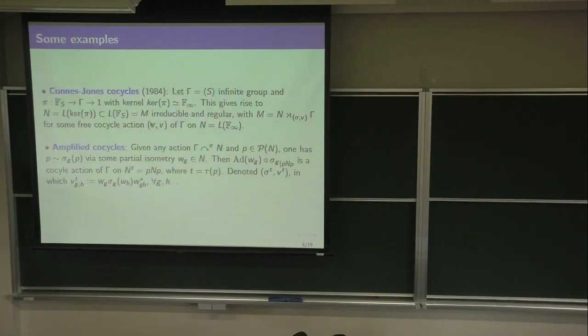I just gave immediately two examples of cocycles and cocycle actions more precisely. This is the so-called Connes-Jones cocycle and these amplified cocycles, just to show you that they come up naturally in lots of situations.